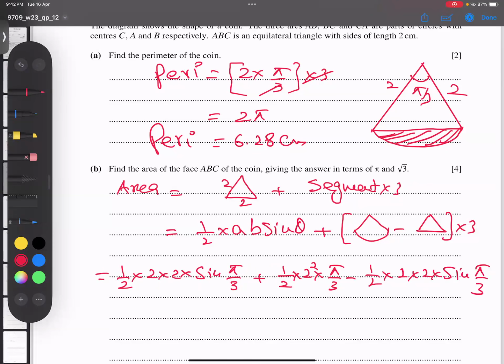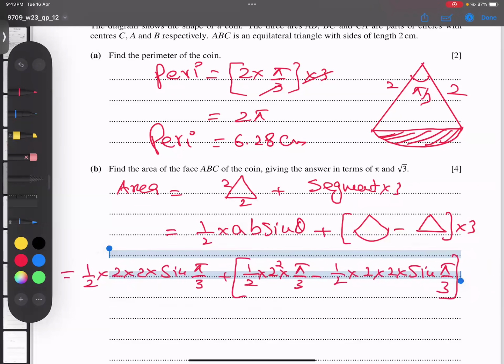And this whole part is multiplied by 3. I think you got the point.